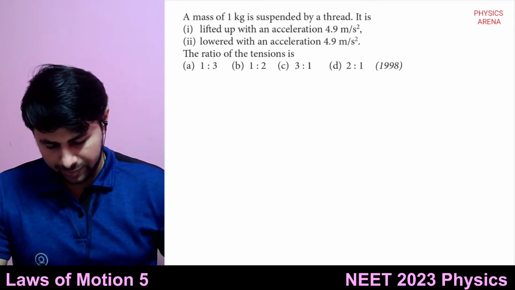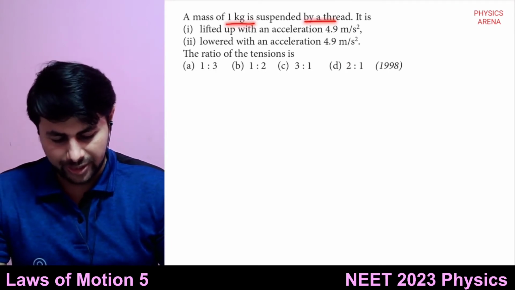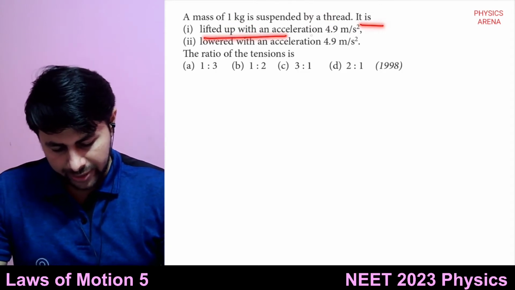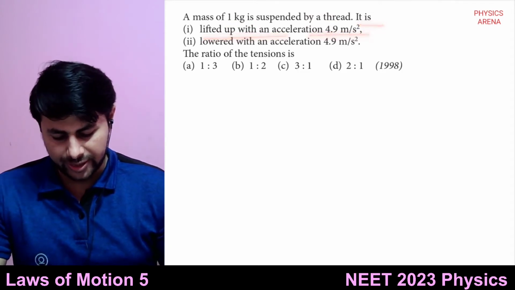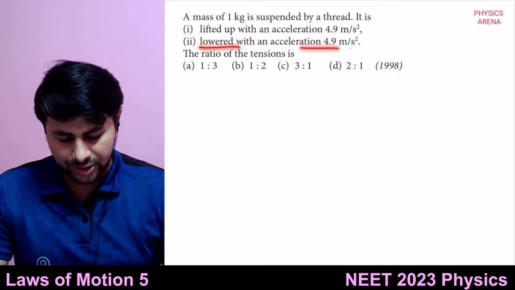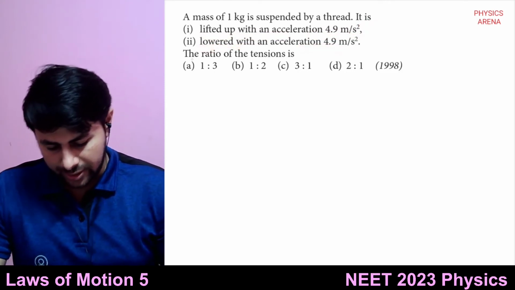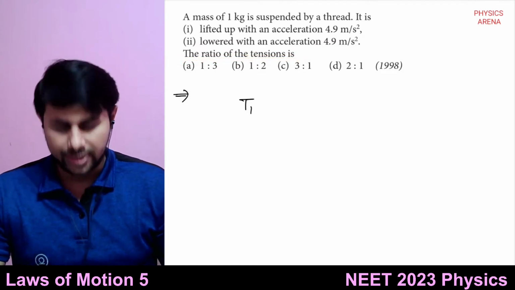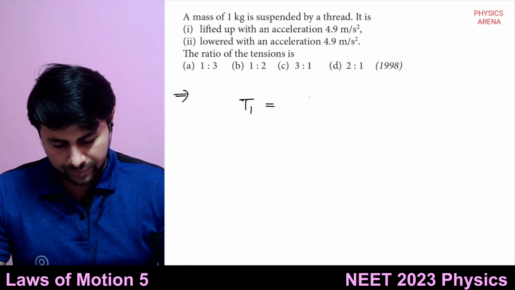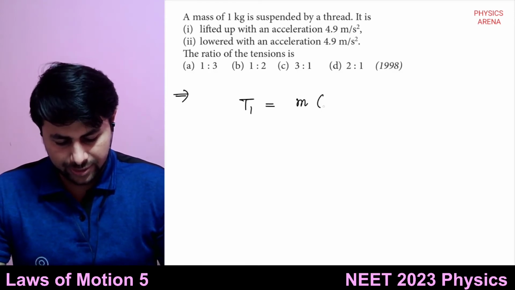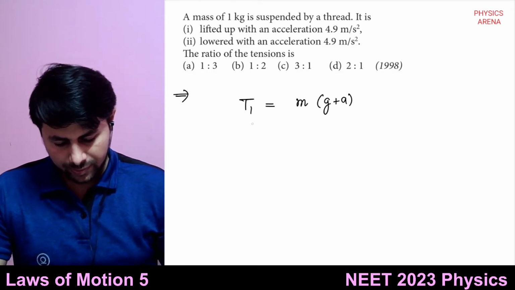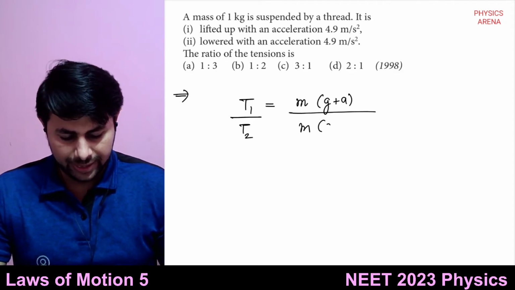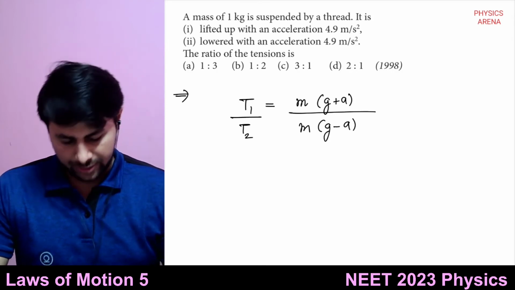Another question. A mass of 1 kg is suspended by a thread. It is lifted up with acceleration 4.9 meters per second squared, and lowered with acceleration 4.9 meters per second squared. The ratio of tensions is, so lifted up, let's suppose tension is T1, so it is m times (g plus a). Lowered down, let's suppose tension is T2, it is m times (g minus a).